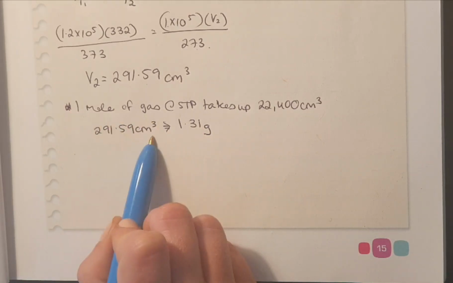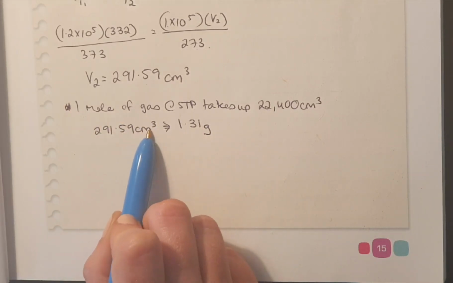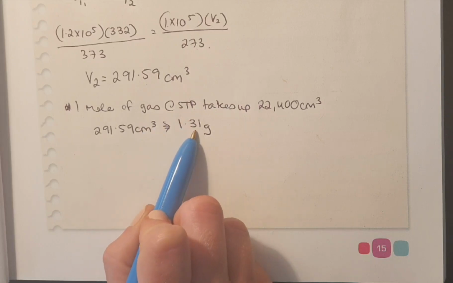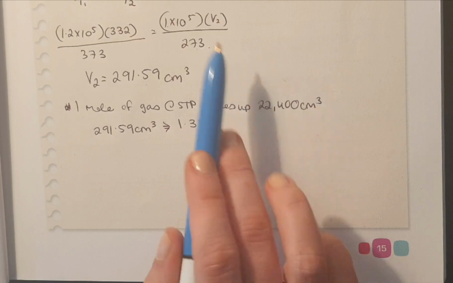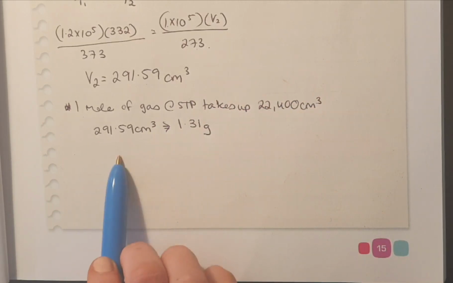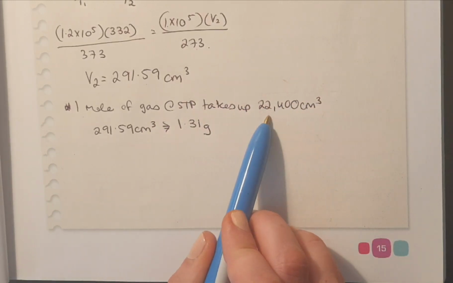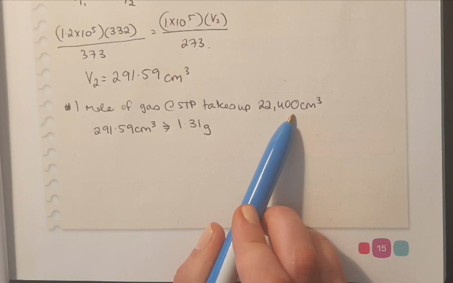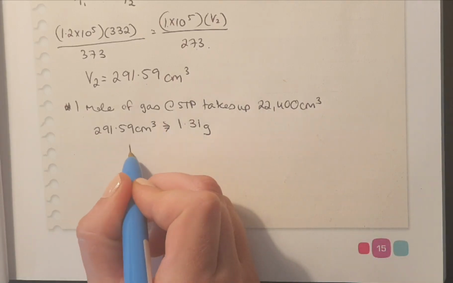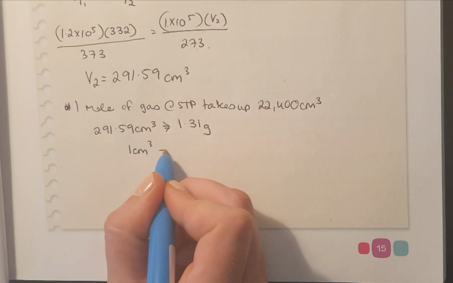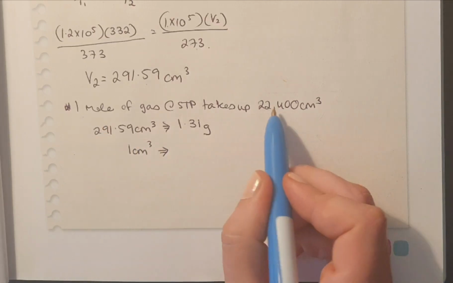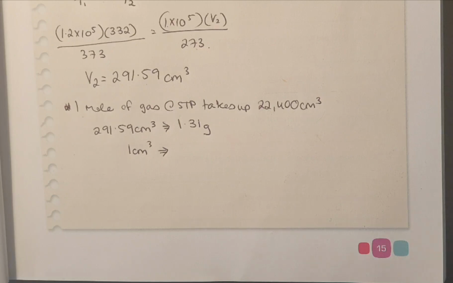I know that this amount of volume of the gas links with this amount of grams, and the relative molecular mass is how much it would be if it was 1 mole of the gas, which is 22,400 centimeters cubed. So what I'm going to do is break it down to 1 centimeter cubed and then build it up to the 22,400.